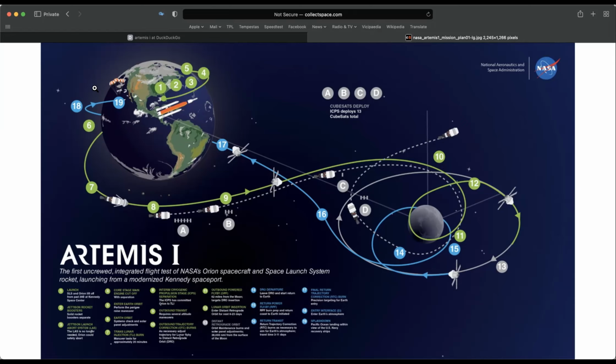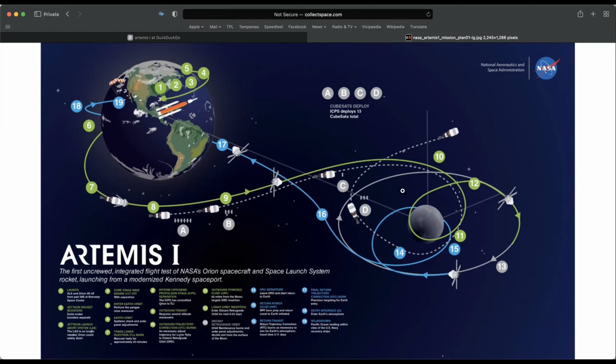If we can't make any of those and we go later in the month, then it becomes a 28-day mission. The reason for that is we do not want to land the vehicle the first time in the dark in the Pacific Ocean. The Pacific Ocean is a big place. You put a small capsule in the middle of the night, it becomes kind of exciting to see what's going on. So we want to land during the day.